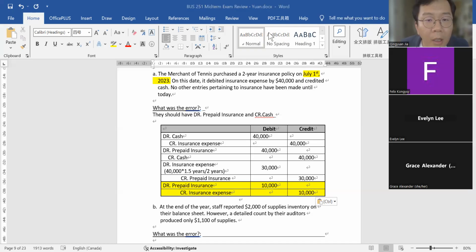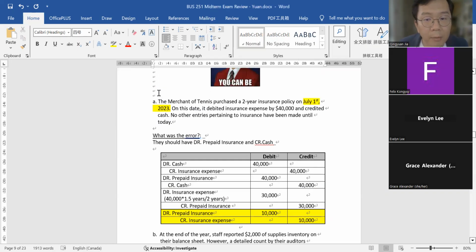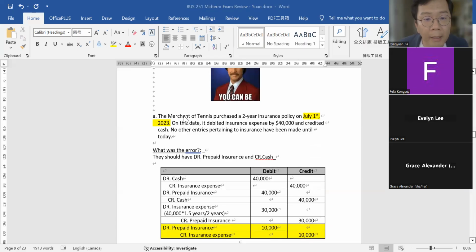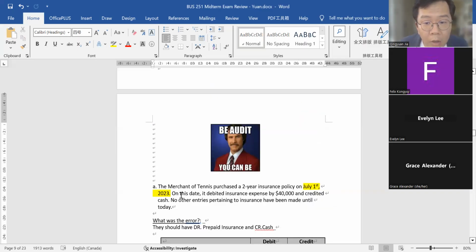Okay, what we have. Why 1.5 years? It's 1.5 years because you paid this on July the 1st, 2023.